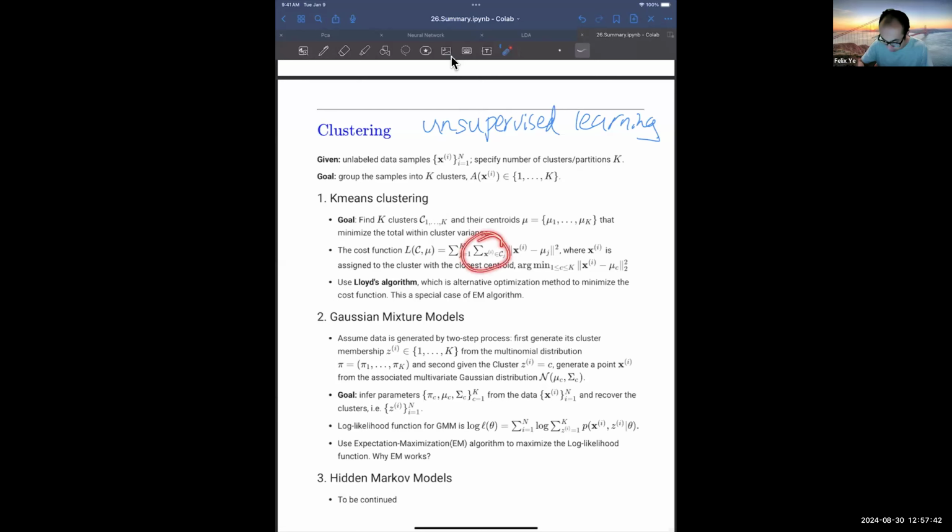There are multiple for loops in the calculation of the cost, so it is extremely important to make your code efficient when implementing K-means. The method we use is called Lloyd's algorithm, which is an alternating optimization method to minimize the cost function. Later on, we showed this is a special case of the EM algorithm.